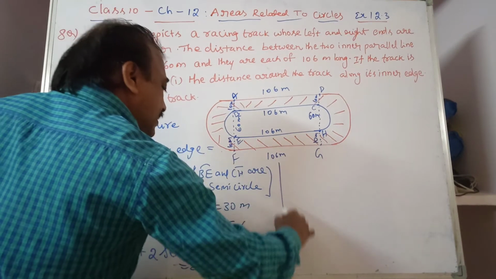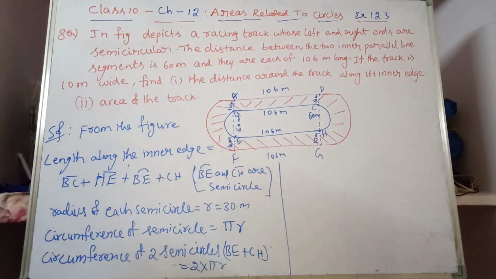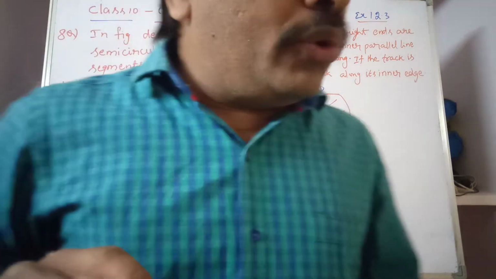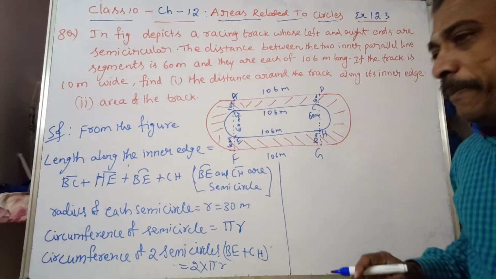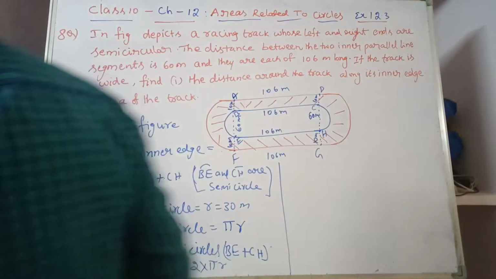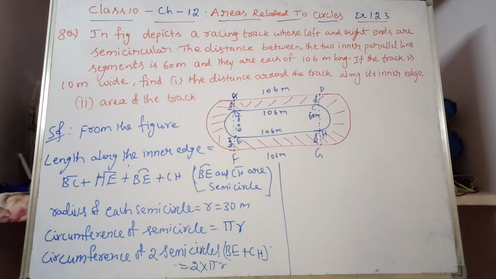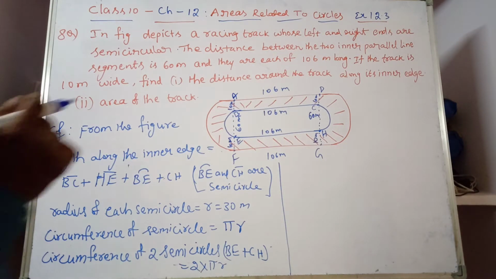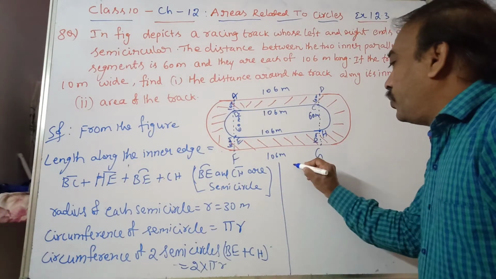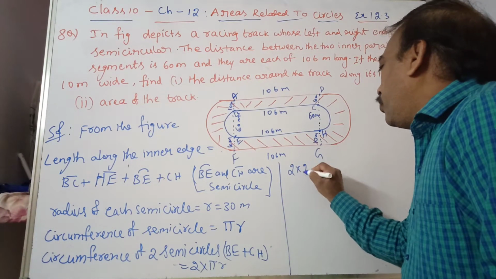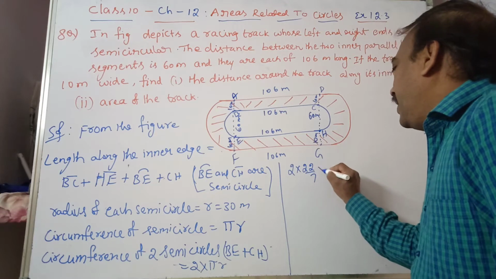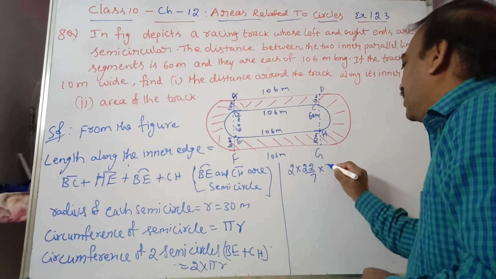Now look at this. So 2 into pi r. Did he mention the pi value in the question? Do you have to use 3.14 or anything? Nothing, so you can use 22/7, which is 2 into 22/7 into radius 30.